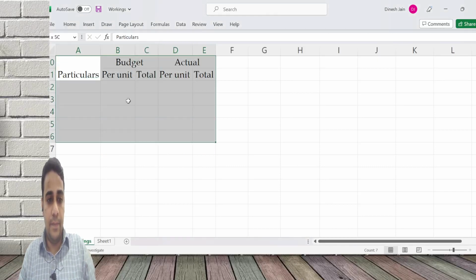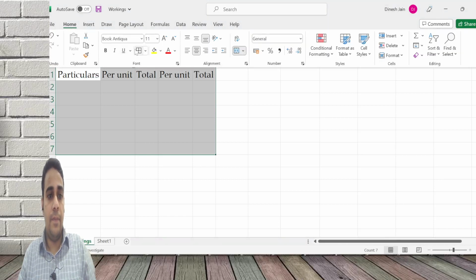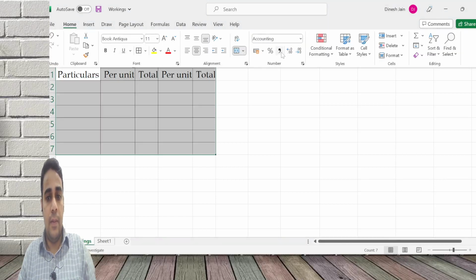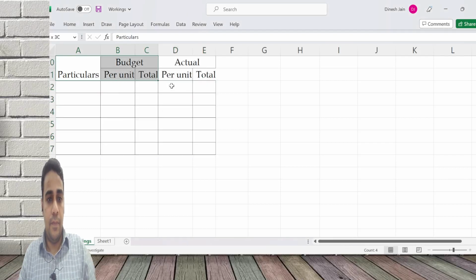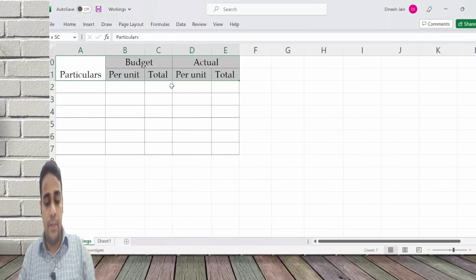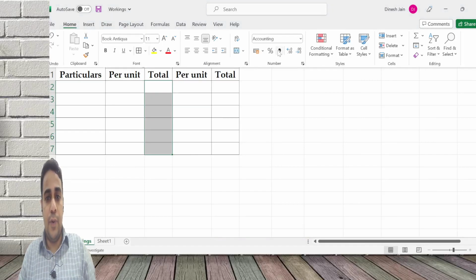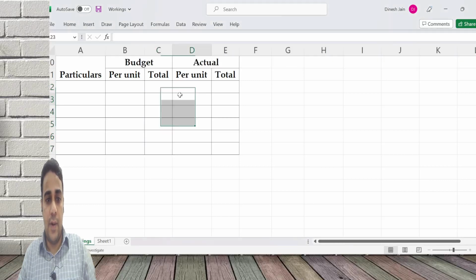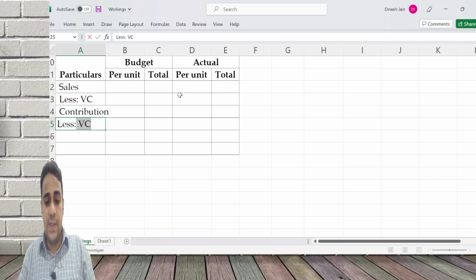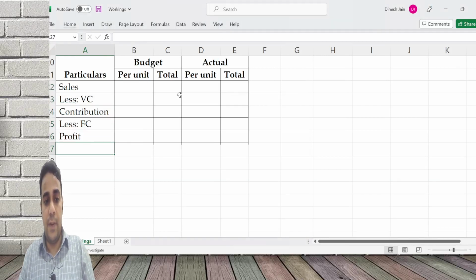Let's put the data in the format of marginal costing: sales less variable cost, contribution less fixed cost, and profit.